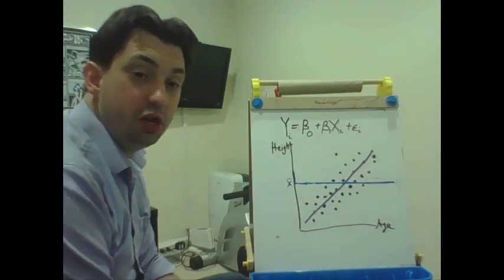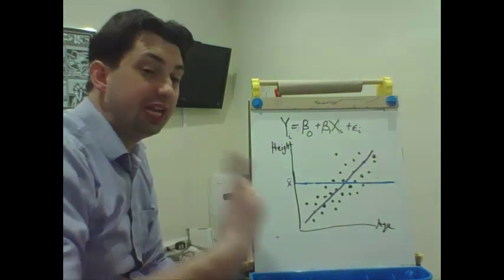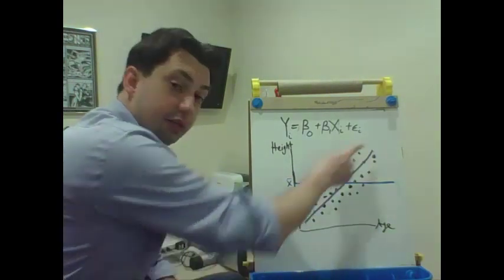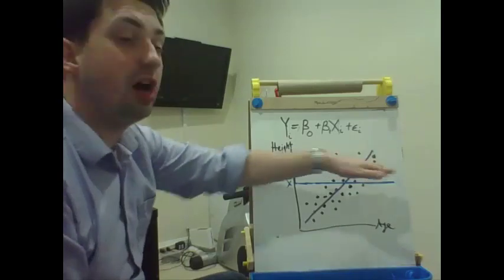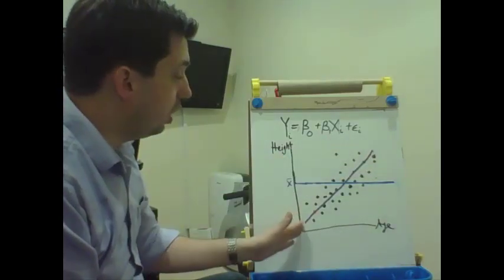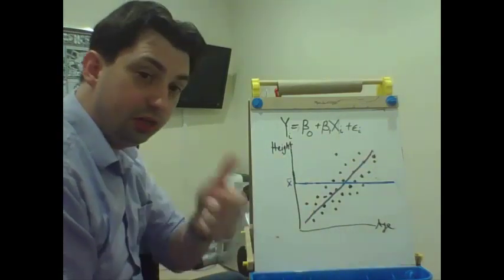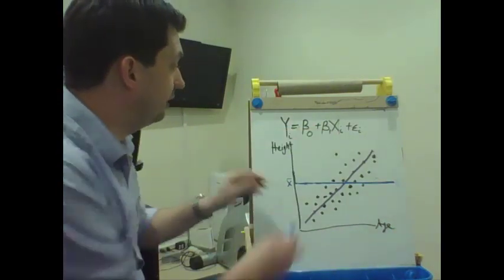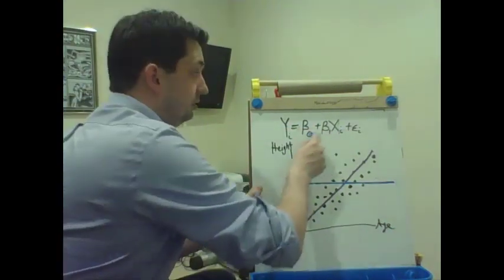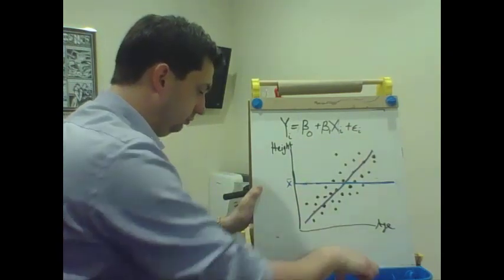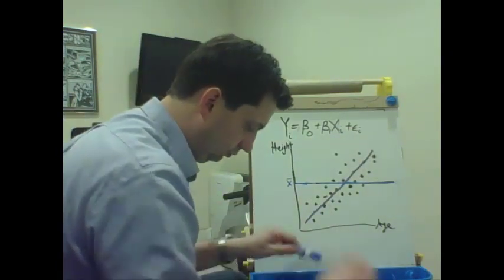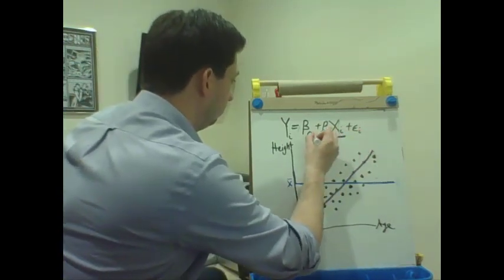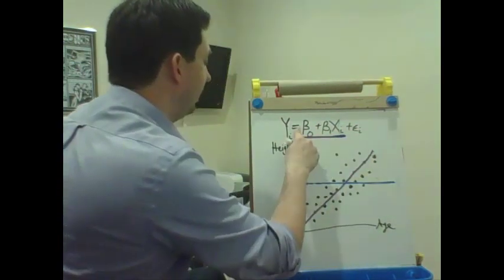That estimation of what you think his height is based on age is our purple line. So our blue line is not knowing anything. Our purple line is knowing a little bit, knowing our independent variable. That's what this represents. That's our estimated value right here. Our y hat.